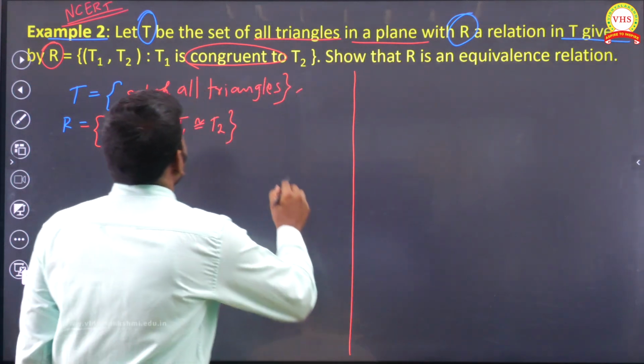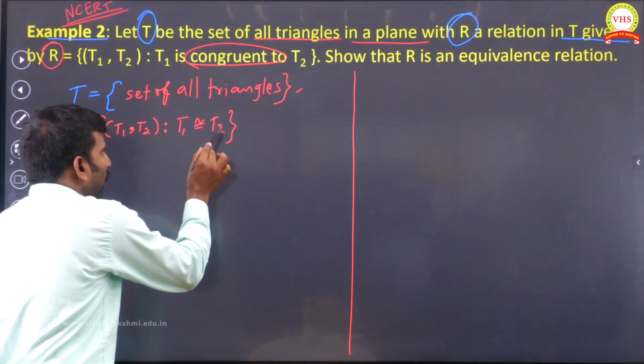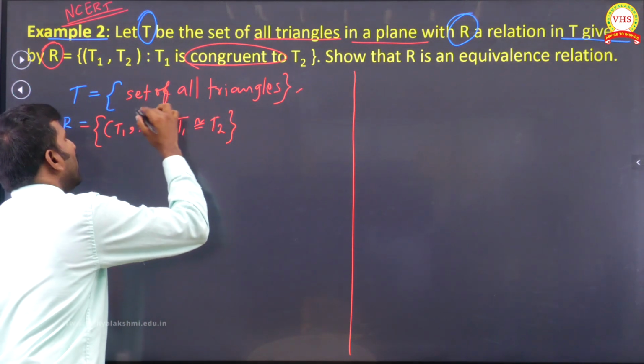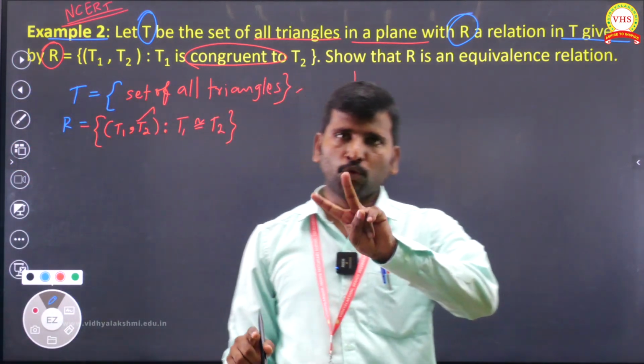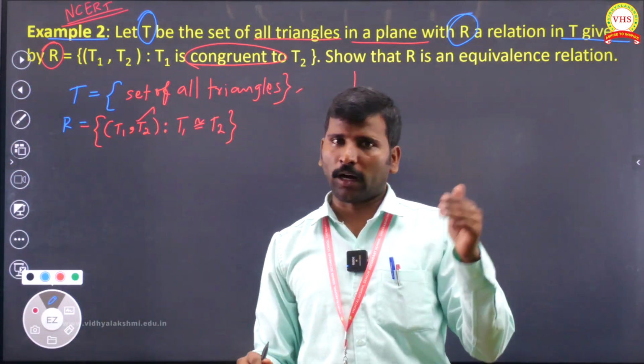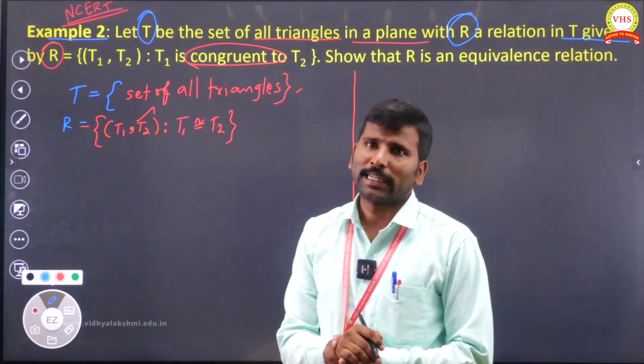Understand? Right. So they have given the condition: if triangle 1 and triangle 2 are congruent, then only it will be an element of relation R. If we take two triangles, they must be congruent, then only the pair belongs to R. That is the question given.